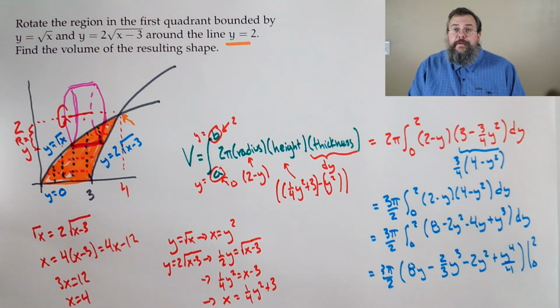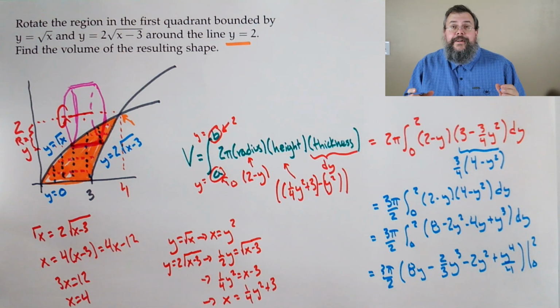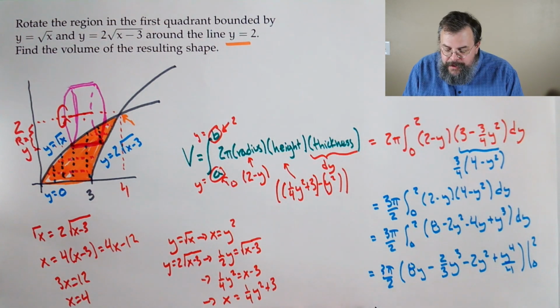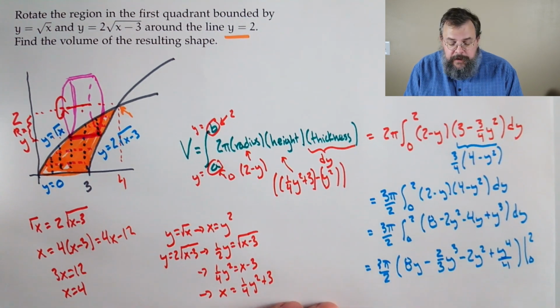So, what happens? Well, if you plug in 0, you get 0. That's good. What happens if you plug in 2? Well, time for some patience. So, what do we have? We have the following.